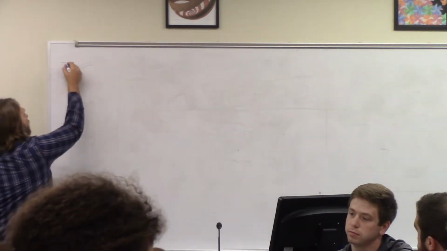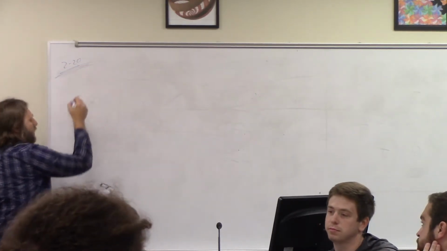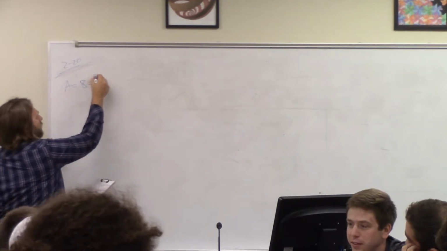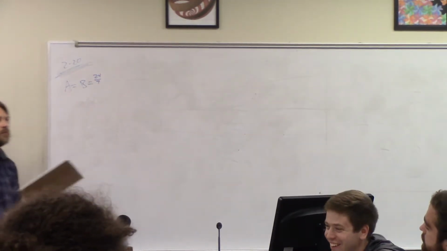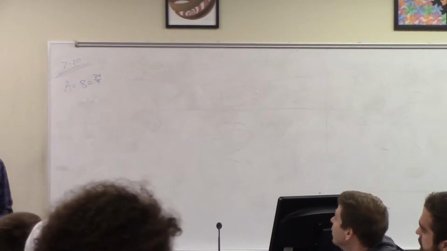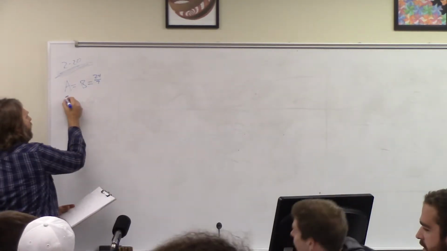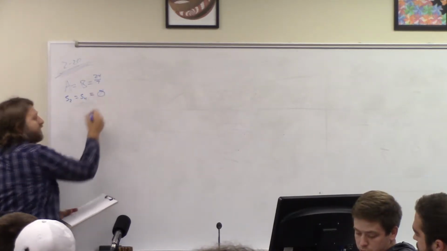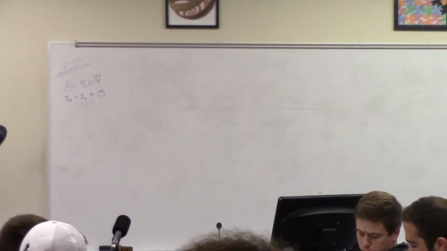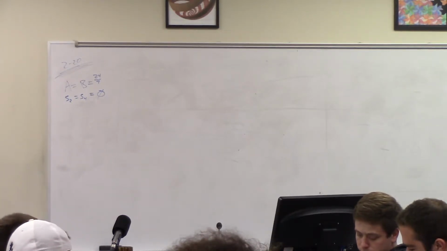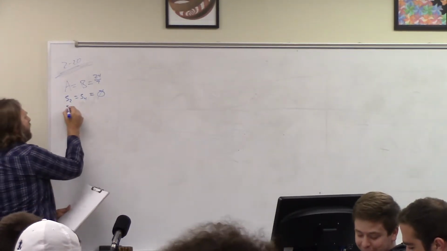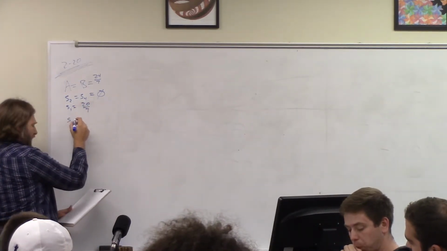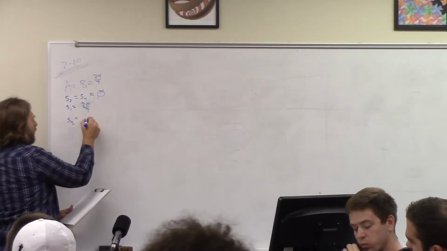So for 2.20, the answer should be that A equals B equals 24/7. S2 is equal to S4, and those are 0. Those are the binding constraints, your second and your fourth constraints. S1 is 20/7, and S3 equals 10/7.